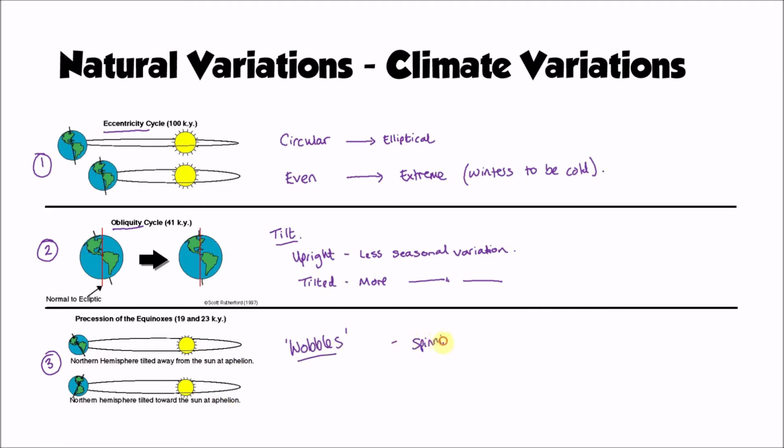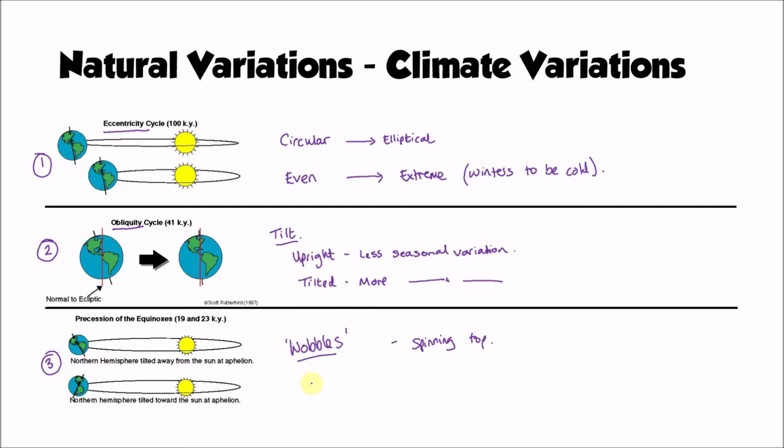If you think about a child's toy, when you spin that toy round, as it slows down, that spinning top starts to wobble from side to side, and that's what's happening to the Earth over a very, very long period of time, so 20,000 years or so.